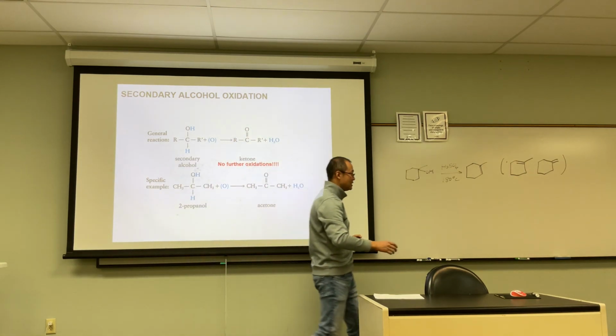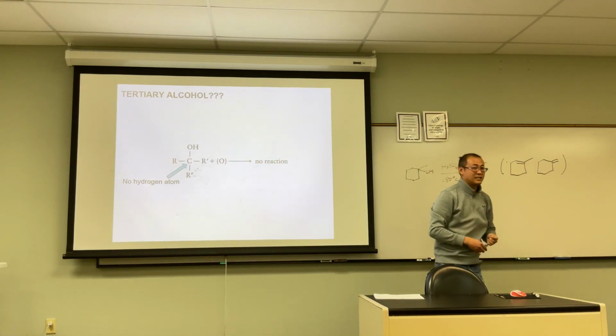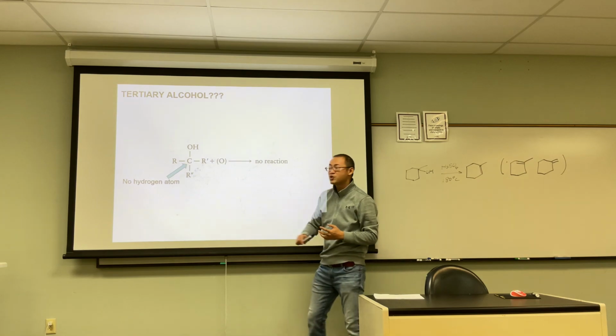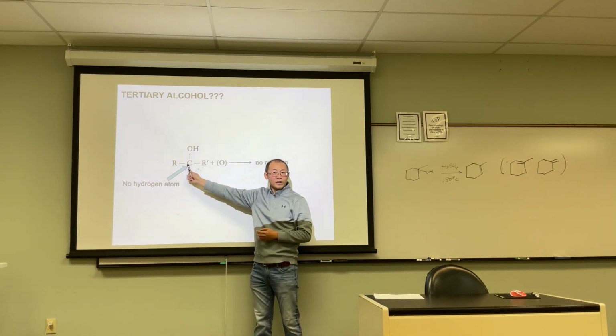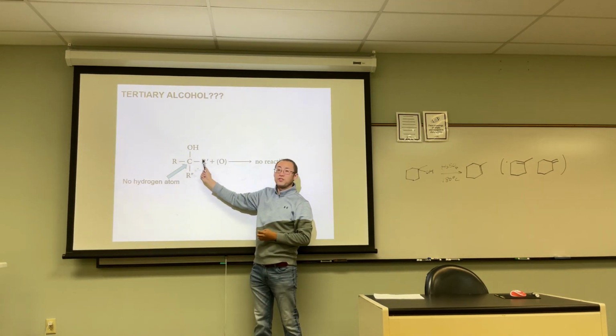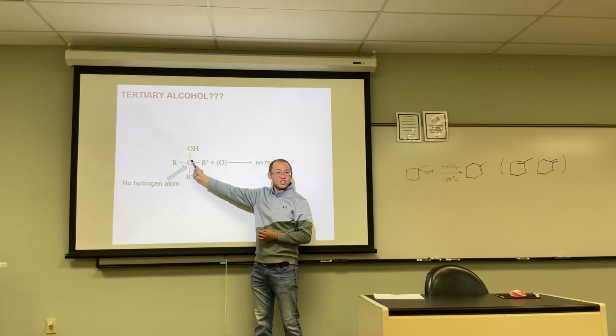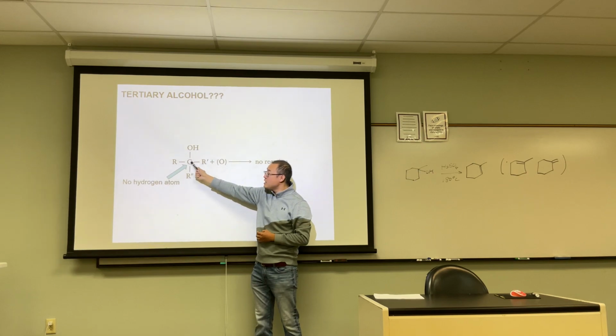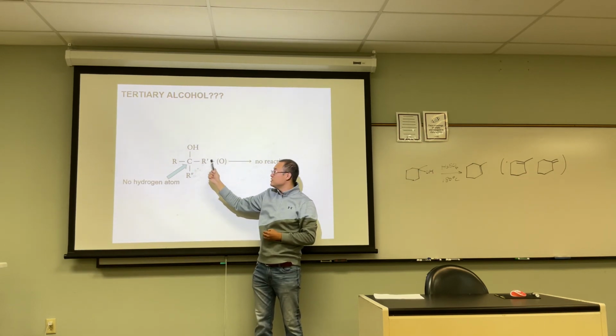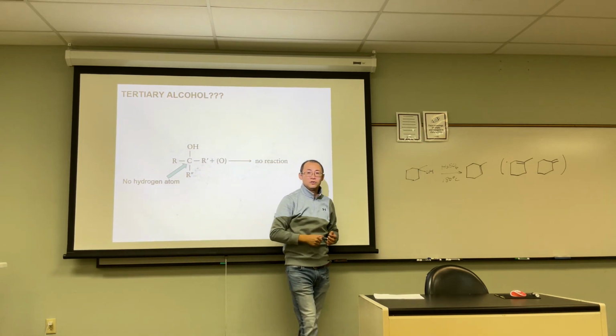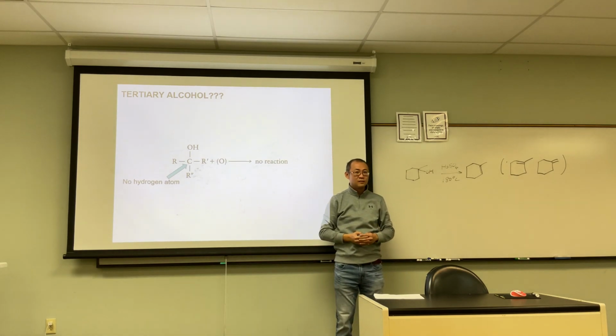Okay, next. You guys expected this already. If we have a tertiary alcohol, what is tertiary? Three groups. That means this carbon has no hydrogen. But in oxidation, we need to remove a hydrogen. That means a tertiary alcohol will not be oxidized. Does it make sense?